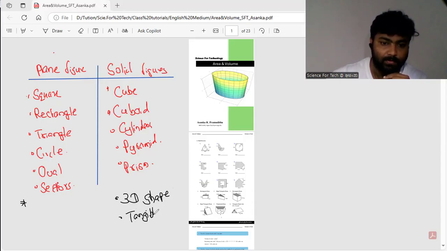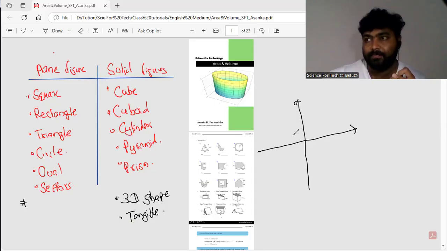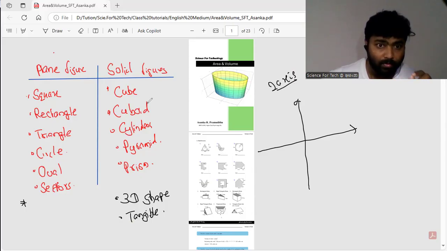Then in your O-levels, I think you have learned about the Cartesian plane. In that Cartesian plane, there were only two axes. For solid figures, you need another axis.